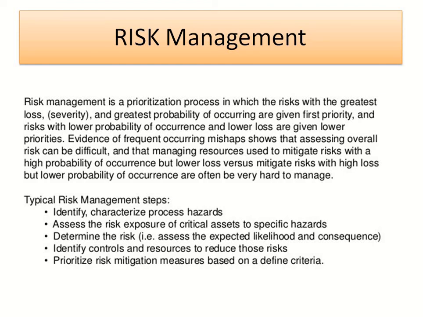Typical risk management steps: first, identify and characterize the process hazards. Second, assess the risk to personnel and critical assets for the specific hazards. Third, determine the risk, assessing expected likelihood and consequences, and identify the controls and resources to reduce those risks. Last, prioritize risks and the mitigation measures based on defined criteria.